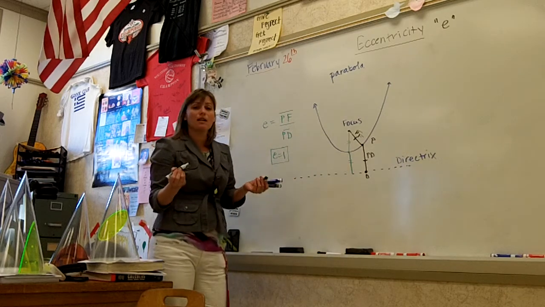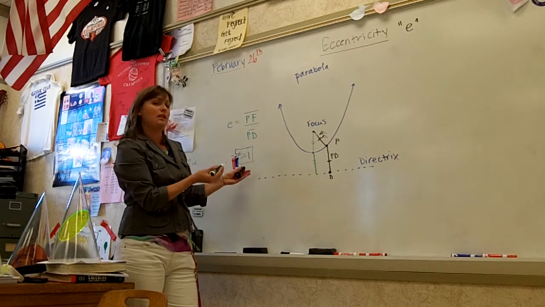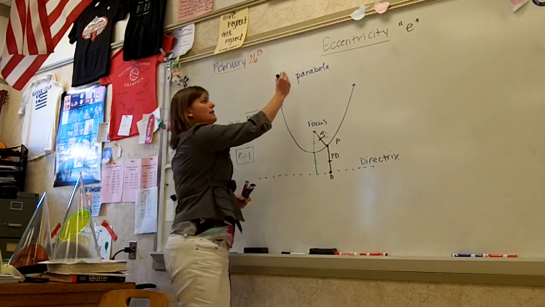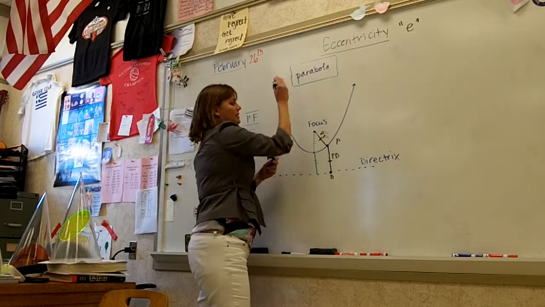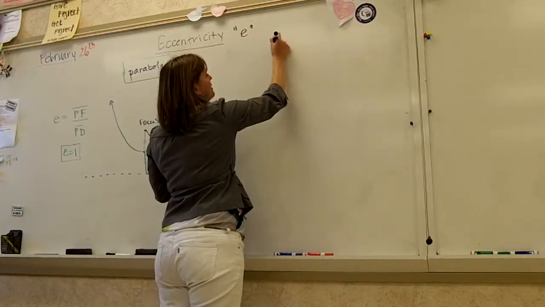So anytime you're working on a problem and you're told that the eccentricity is 1, you automatically know that the shape of it is a parabola.